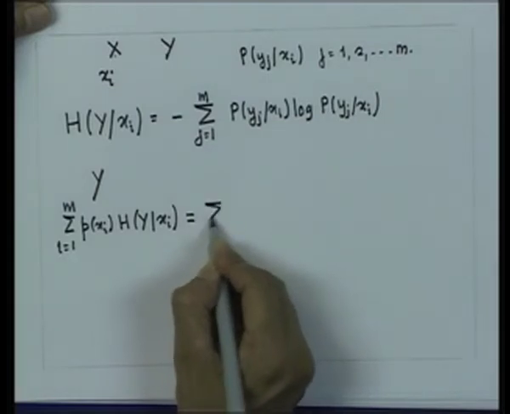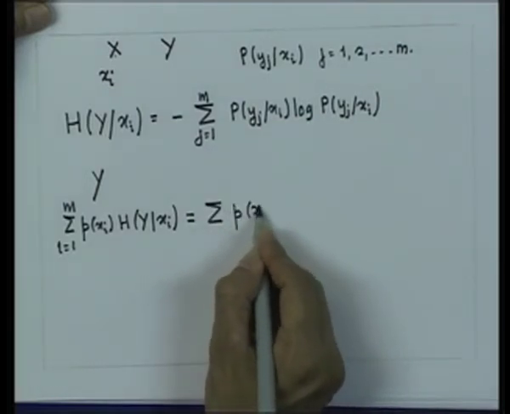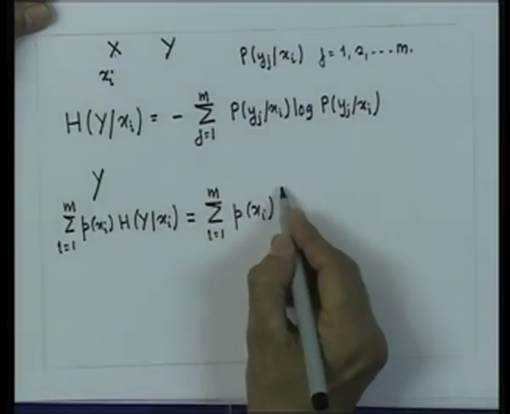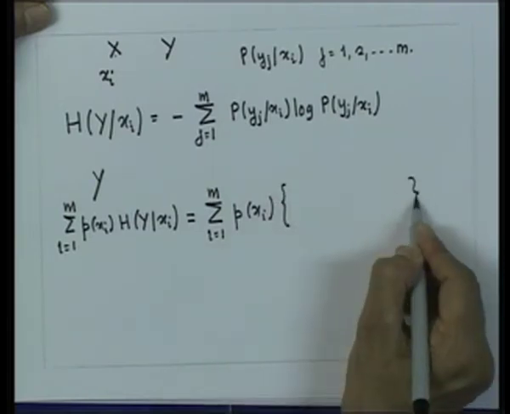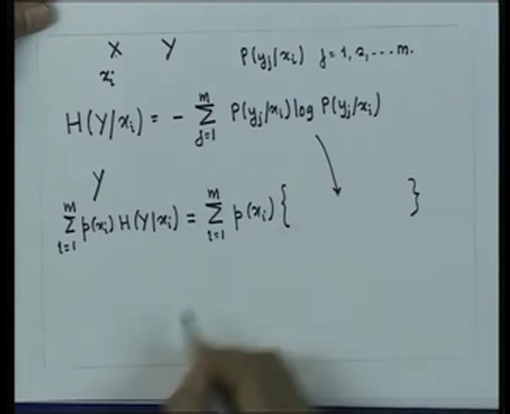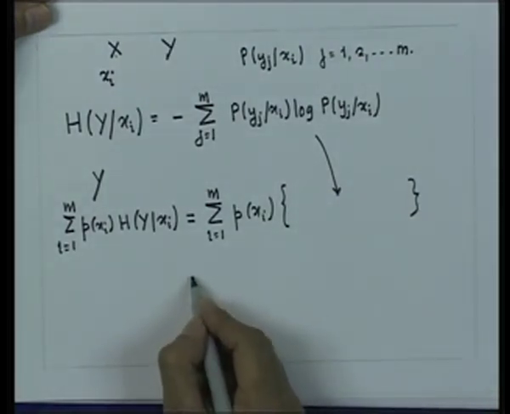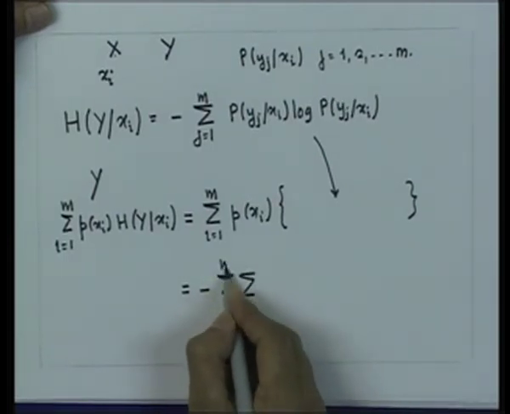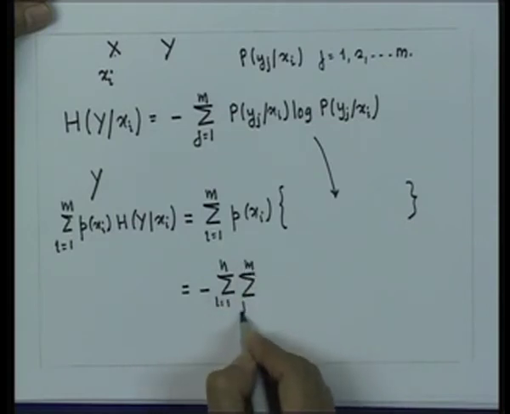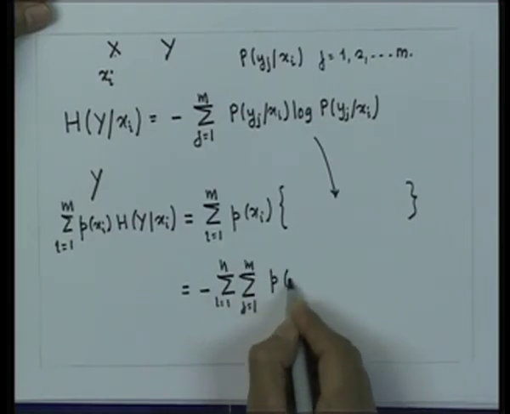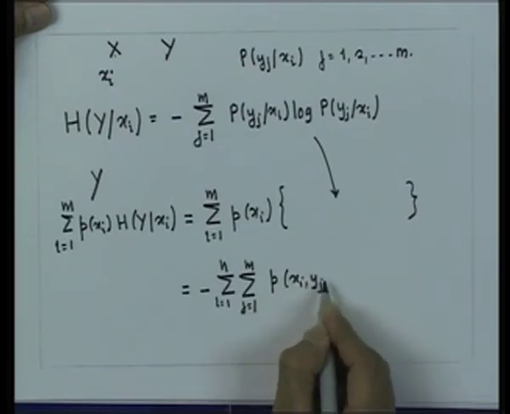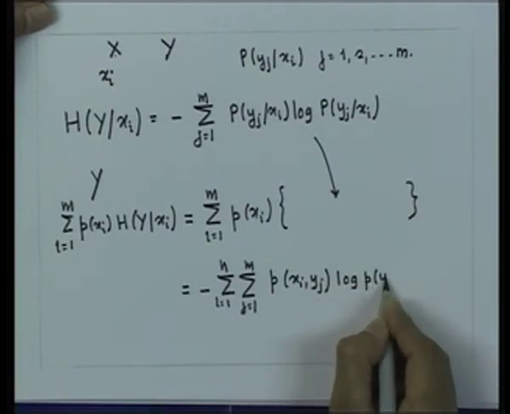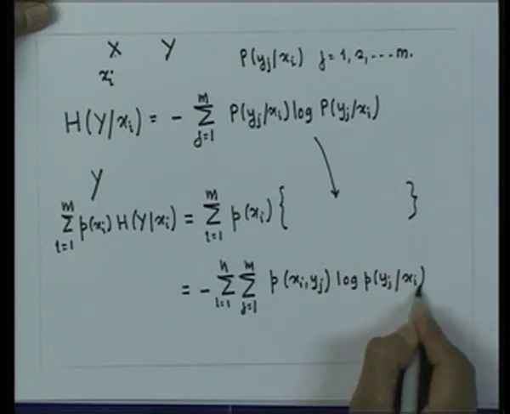If we substitute this expression out here, we can simplify this very easily to the double sum over i equal to 1 to n and j equal to 1 to m of probability of xi yj log of probability of yj given xi.